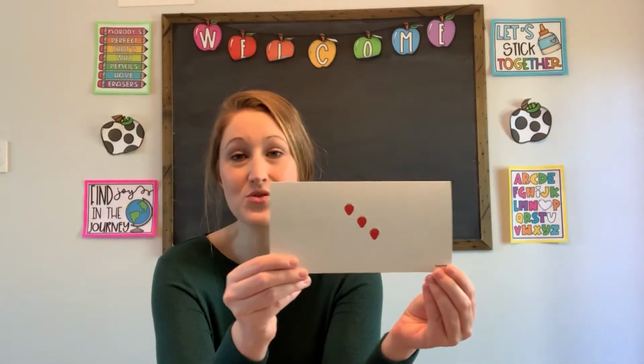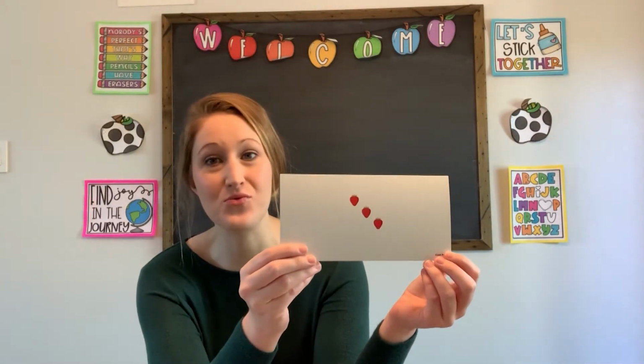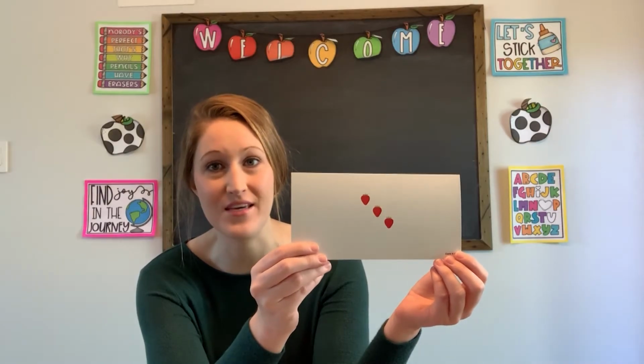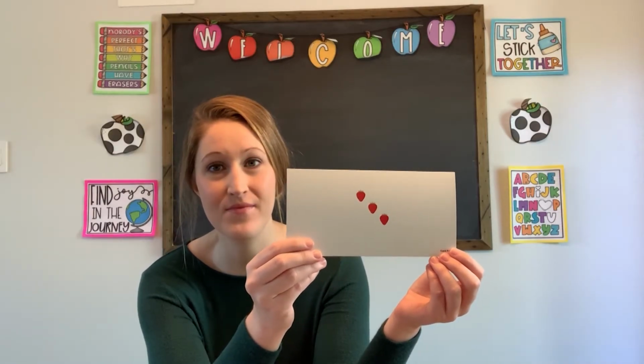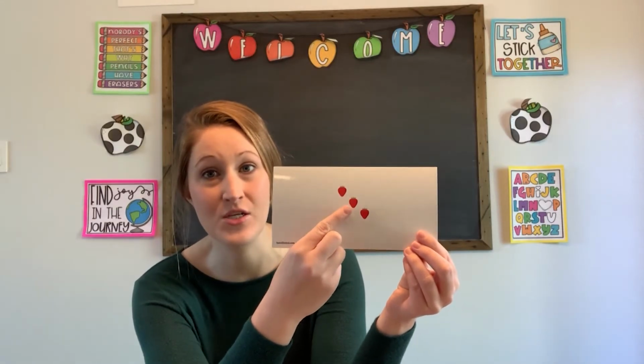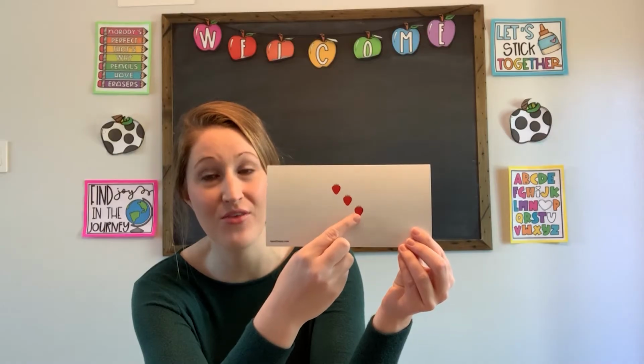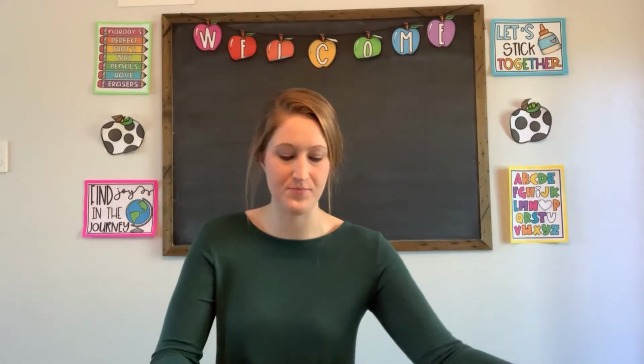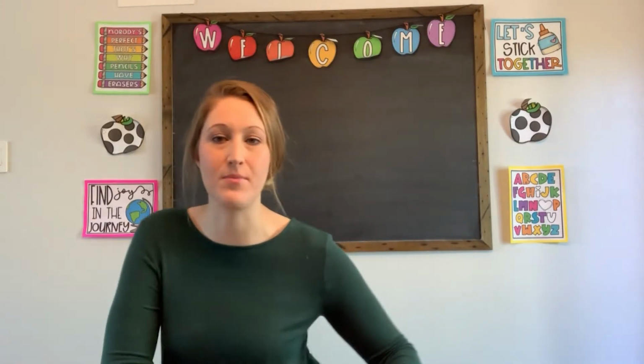All right, here's our first card. We see some strawberries. How many strawberries do you see on this card? That's right. There's 3 strawberries. 1, 2, 3. Very good. Let's try another. All right, here's some basketballs.